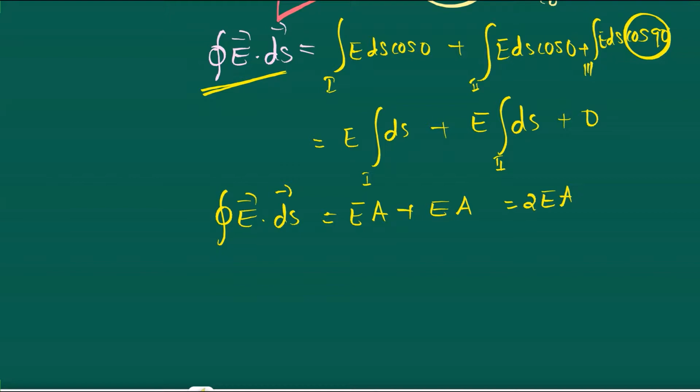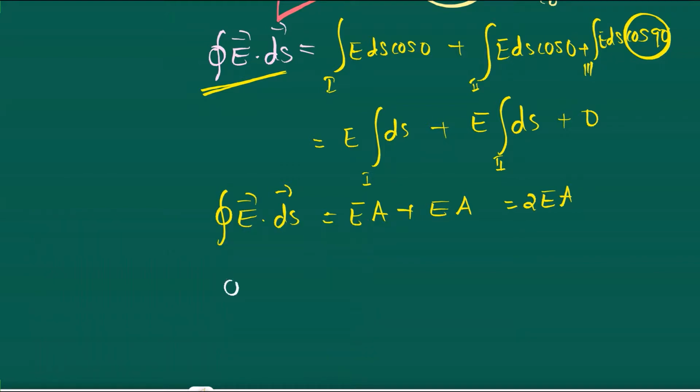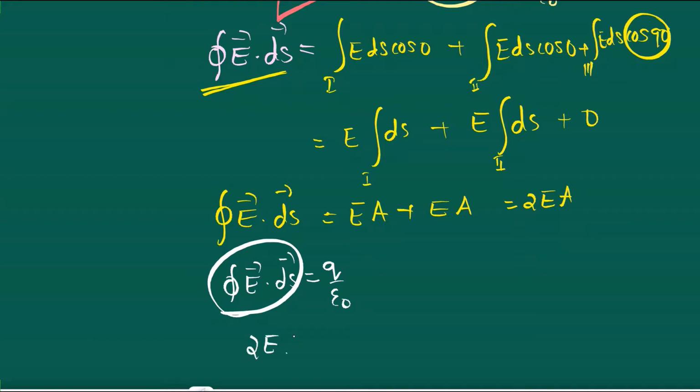Now we apply Gauss's theorem. From Gauss's theorem, the integral of vector E dot dS is equal to Q divided by epsilon naught. The integral of E dot dS that we already calculated is 2EA. So 2EA is equal to Q by epsilon naught.